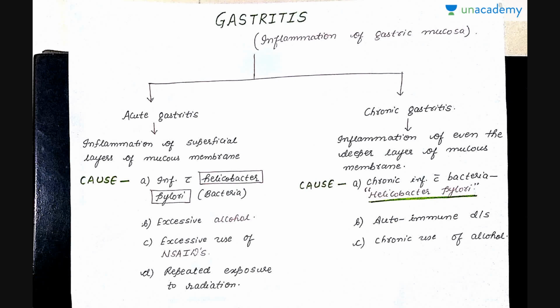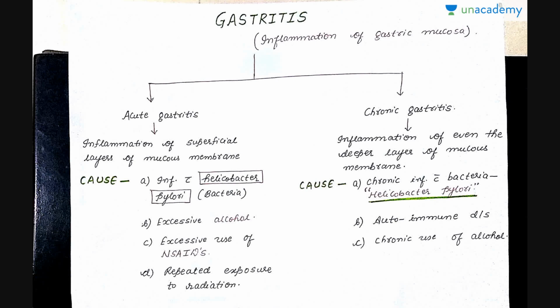Moving forward to chronic gastritis. Chronic gastritis is the inflammation even of the deeper layer of the mucous membrane. In acute, it was only involving the superficial layer of the mucous membrane, but in chronic, it involves the superficial as well as the deeper layer.